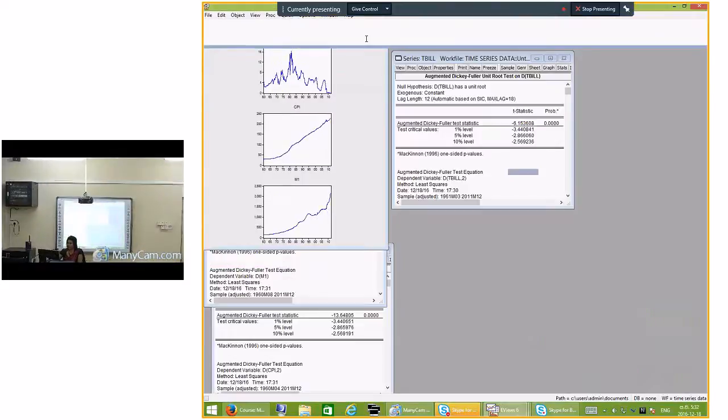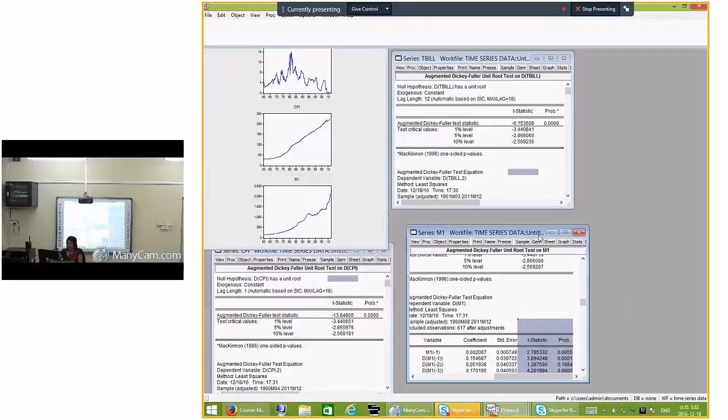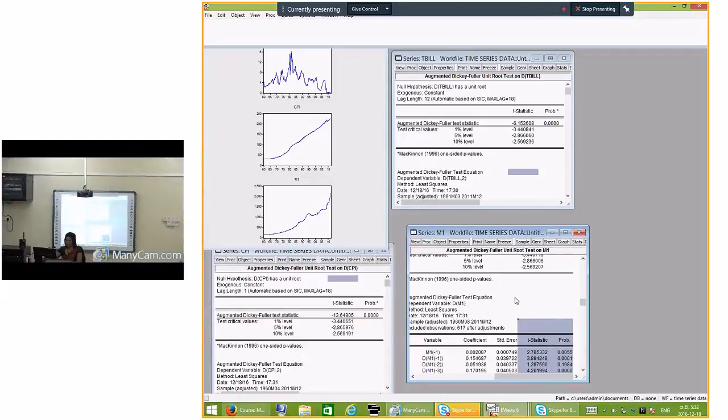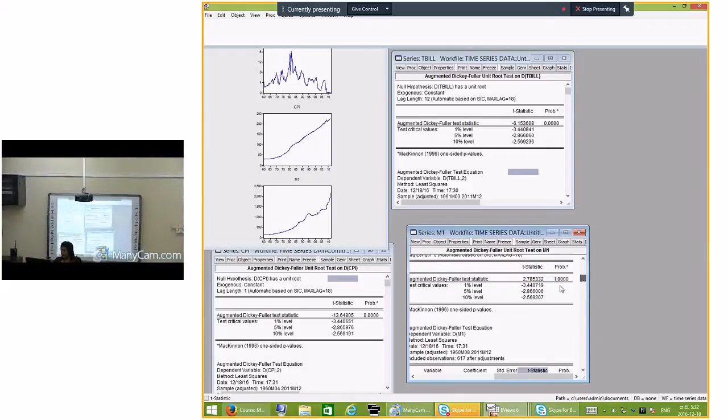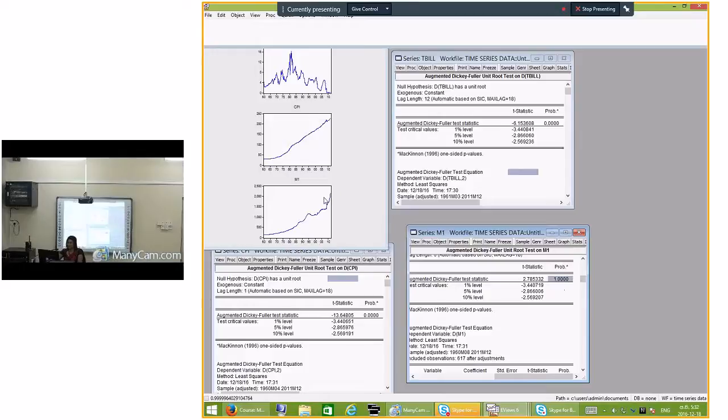Right, you can see the trend in the CPI variables. You can see the augmented Dickey-Fuller test of M1. You can see that trend.